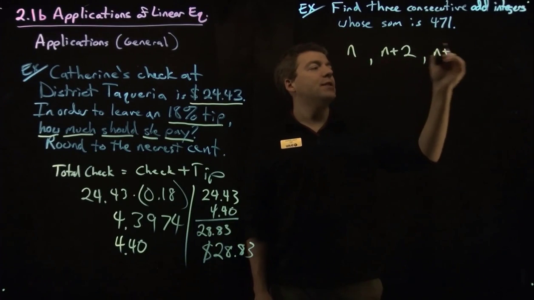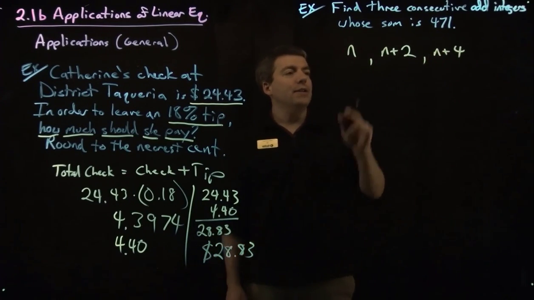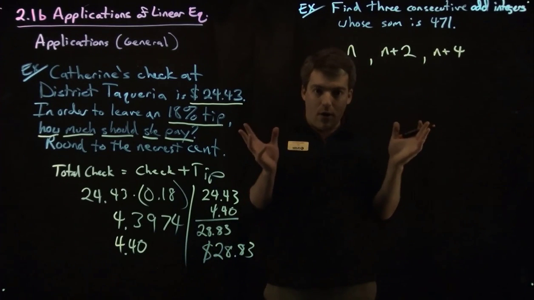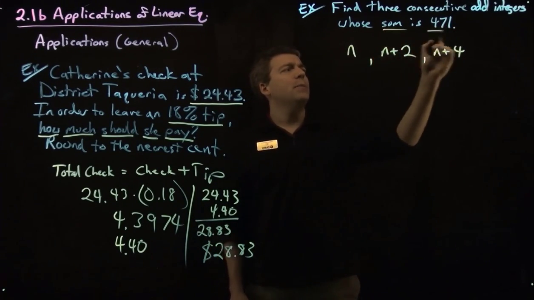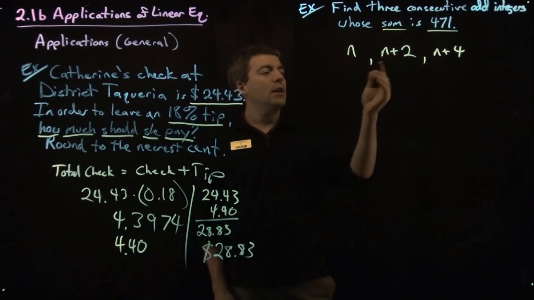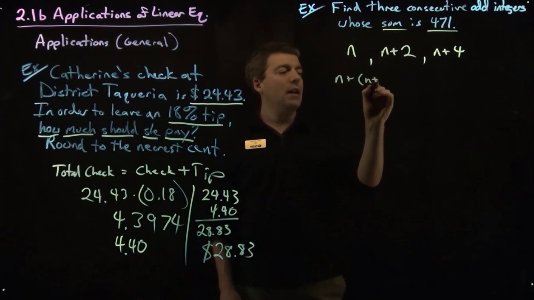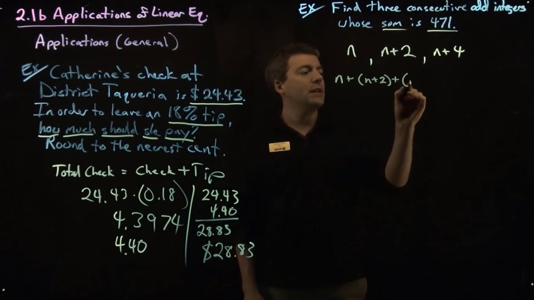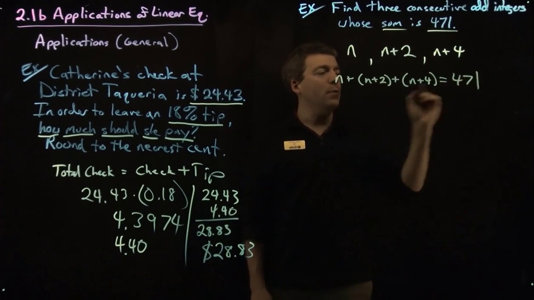And then n plus 4, so we'd add another 2. Right, so here's 3 consecutive odd numbers. And what do we know about them? Well, their sum should be 471. Okay, so let's add them up. n plus n plus 2 plus n plus 4 should be 471.